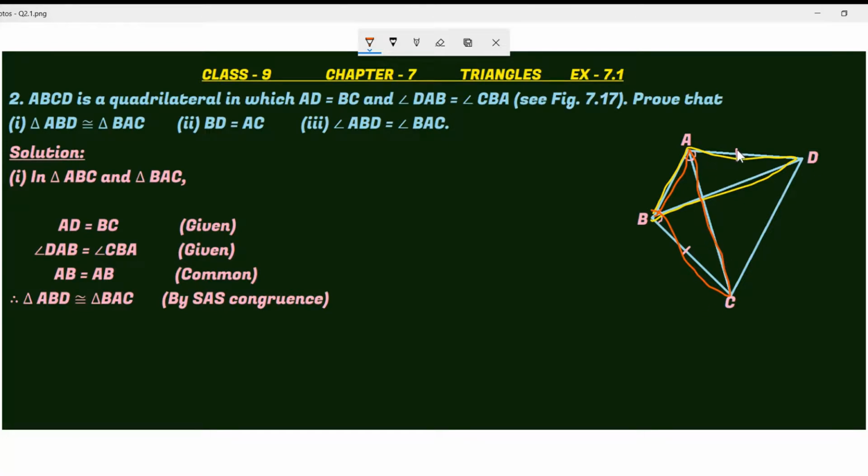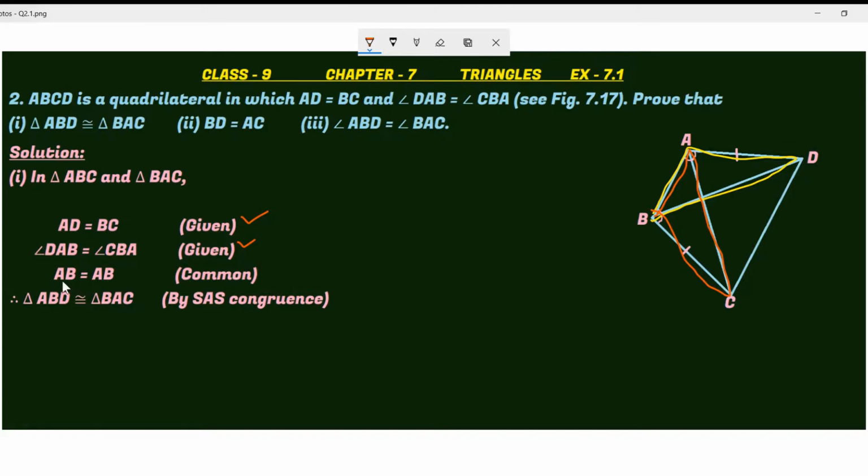In those triangles, AD is equal to BC, which is given in the question, and angle DAB is equal to CBA also, that is given in the question. These two angles are equal. And you can see the base of the triangles is common for both. For ABD the base is AB, and for CBA also the base is AB.